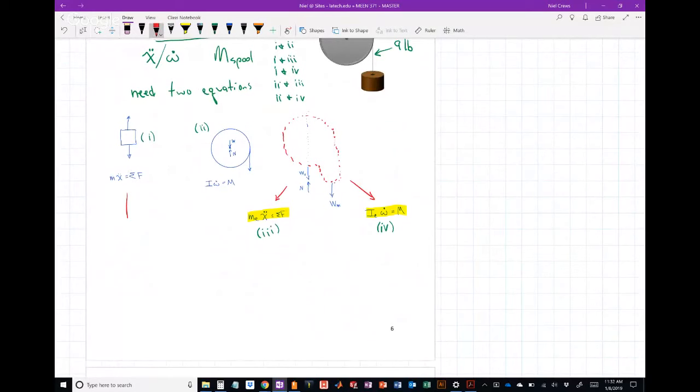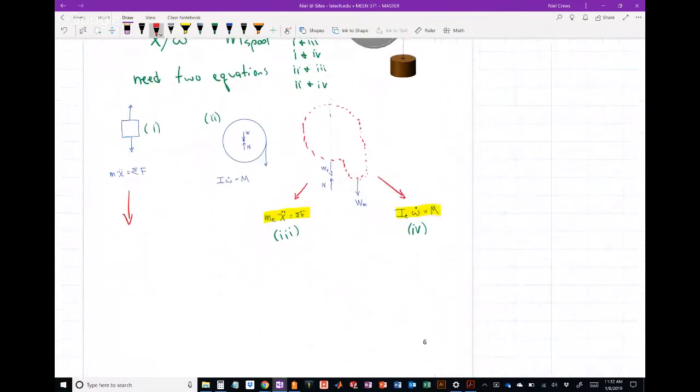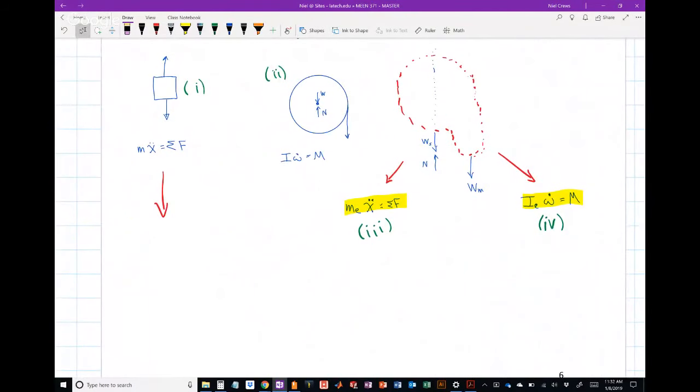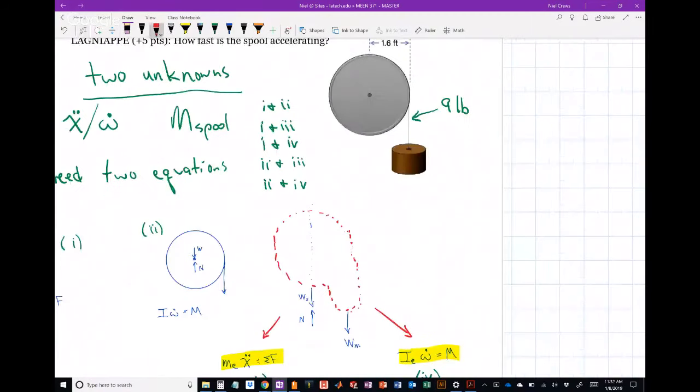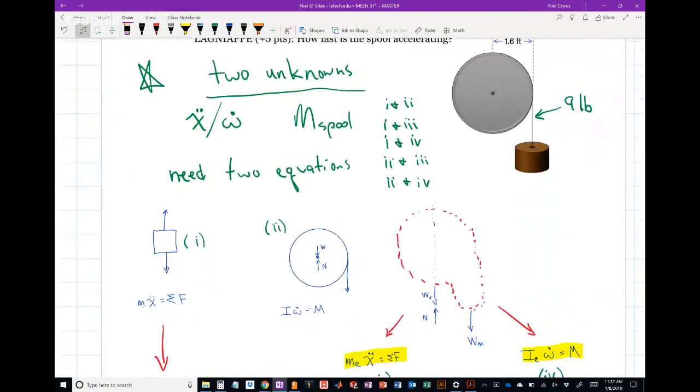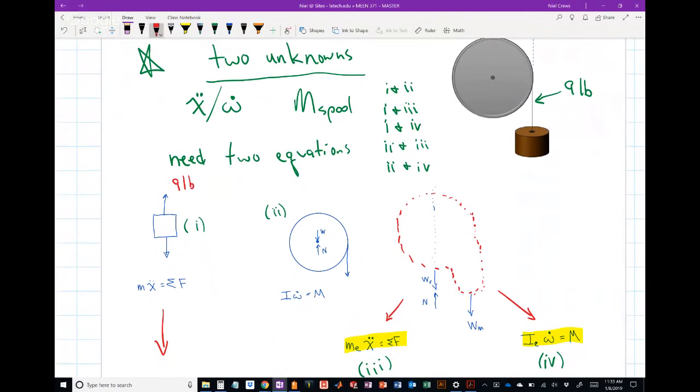Okay, let's take a look at this. We're going to just generate this equation and look at all of these. So we know that this is a 9-pound tension. So I can say I know that this is a 9-pound force.